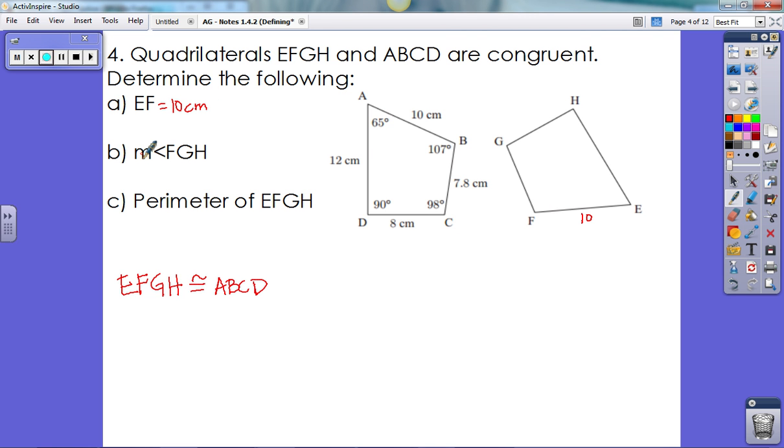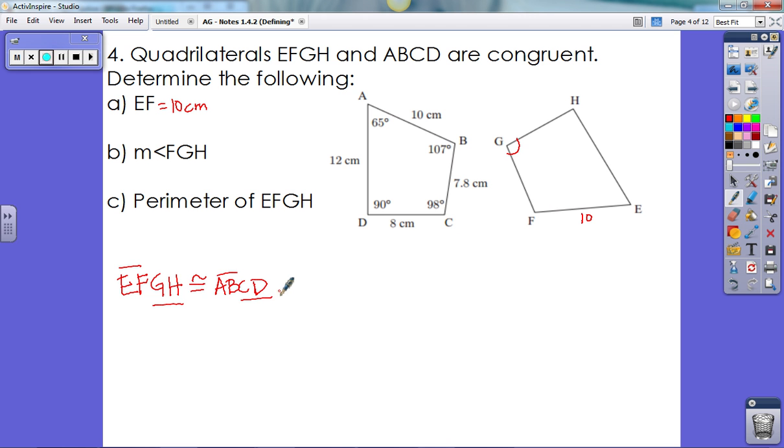Okay. It asked me for the measure of angle FGH. FGH is this angle right here. Well, I have to figure out what angle it corresponds to in this figure over here. I'm going to use these letters right here and label these side lengths just to help orient me a little better. We said that EF and AB were congruent.